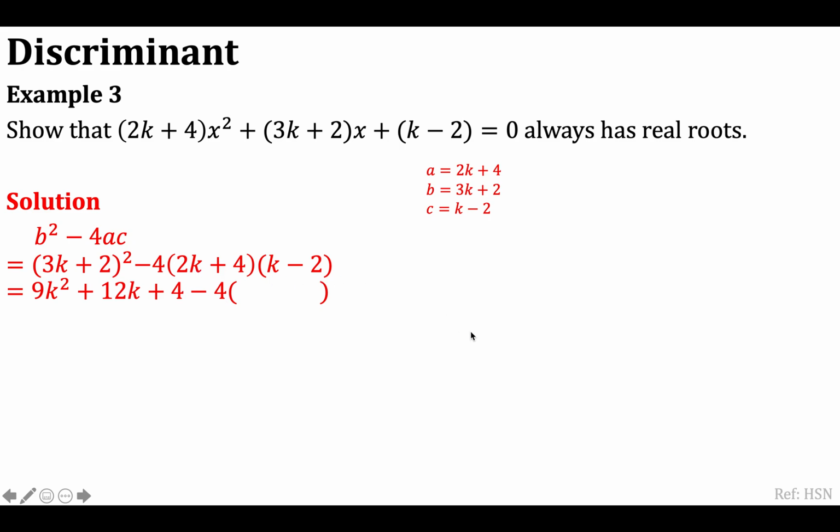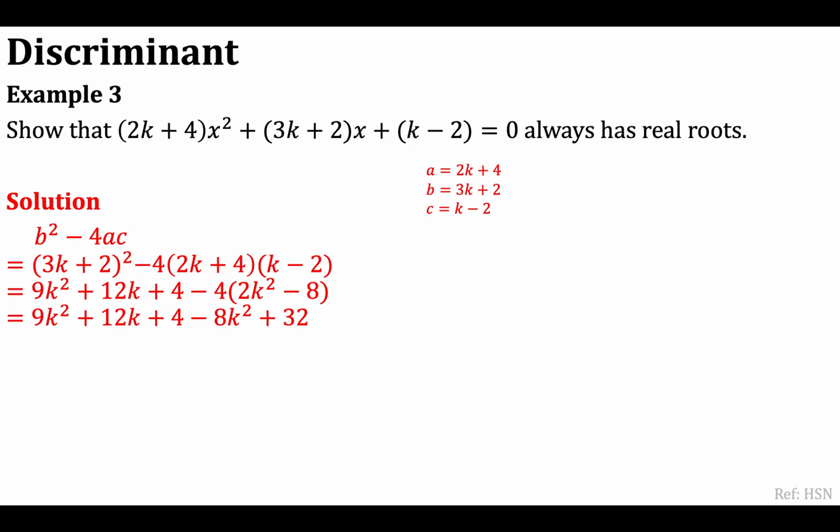So expanding these brackets here gives me 2k squared minus 8. And now I can expand this. So that gives me 9k squared + 12k + 4 minus 8k squared from here, and then plus 32 from the negative 4 multiplied by negative 8.